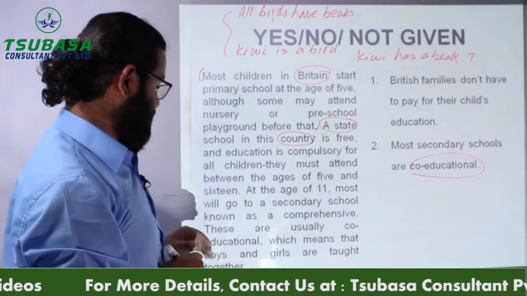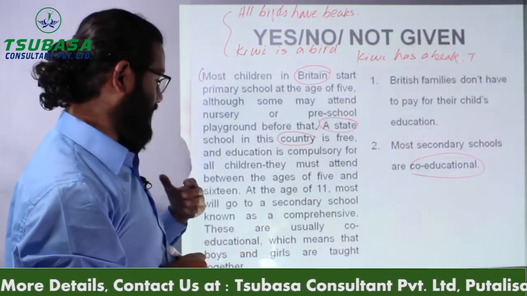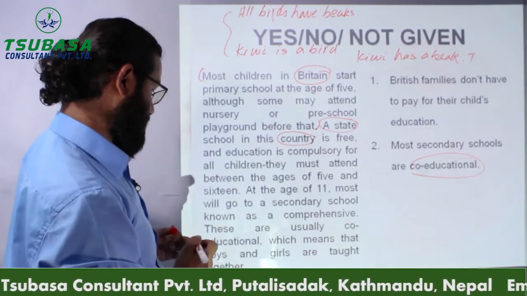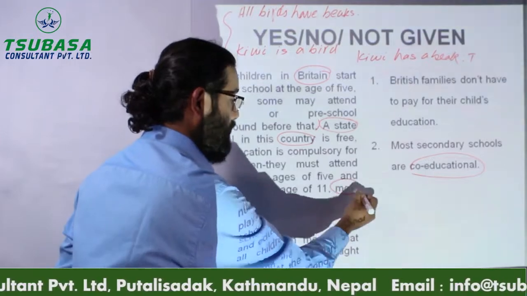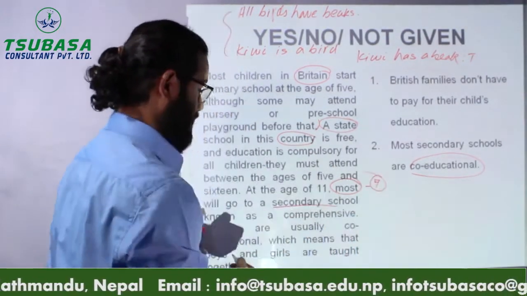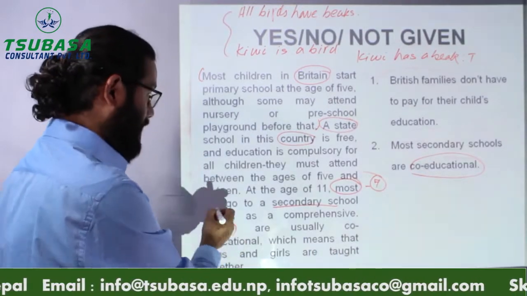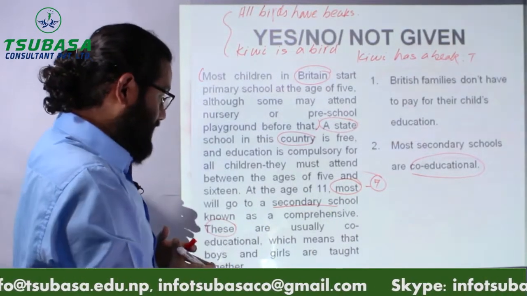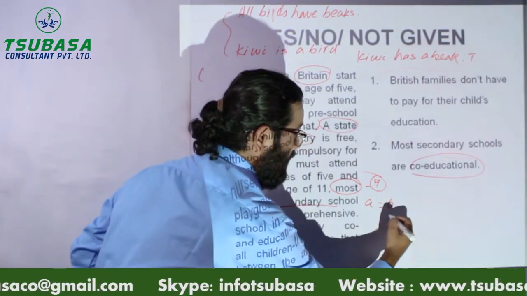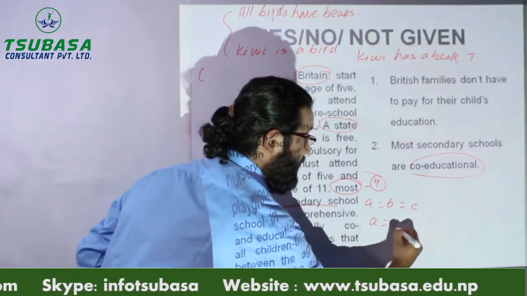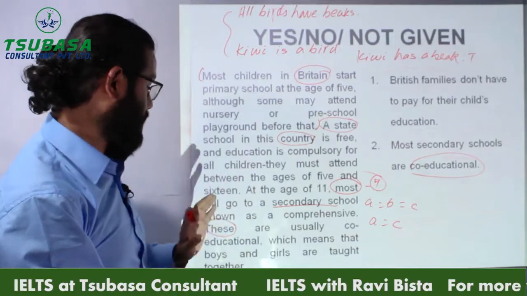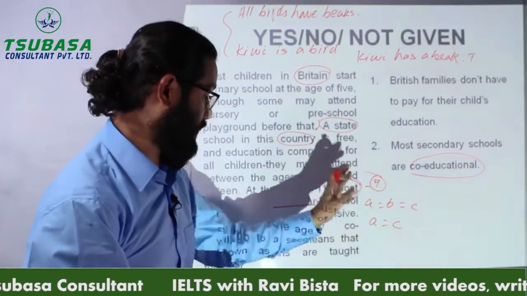At the age of 11, most will go to a secondary school known as a comprehensive. These are usually, it says, most will go to secondary school. See, most means 7. When you say A equals B and B equals C, you could say A equals C in mathematics. Similarly, it says most students will go to secondary school.